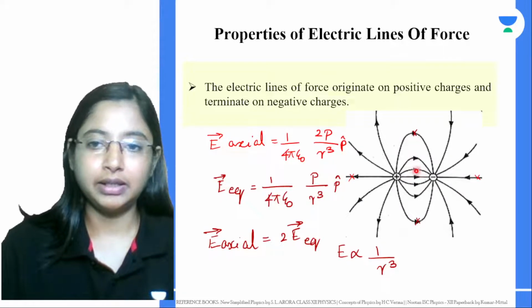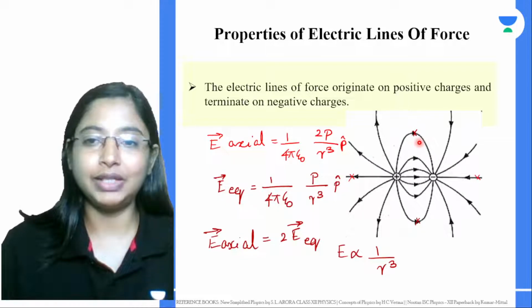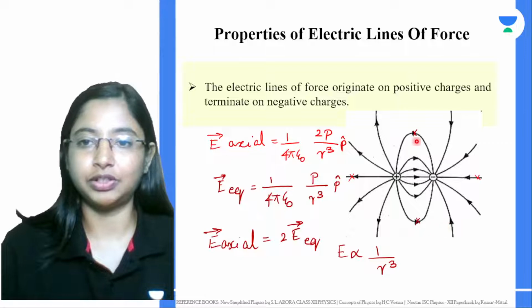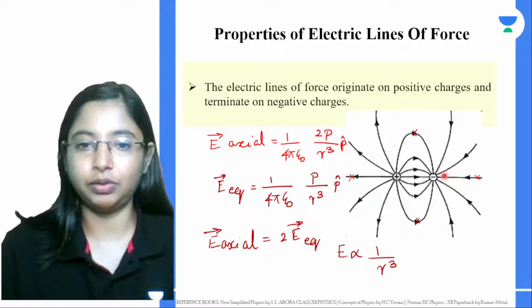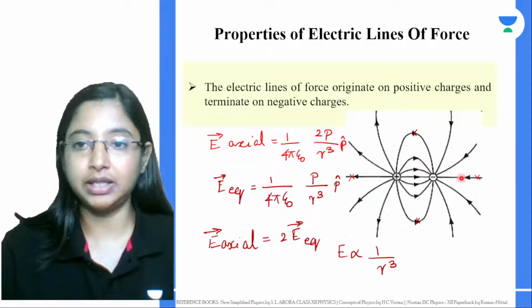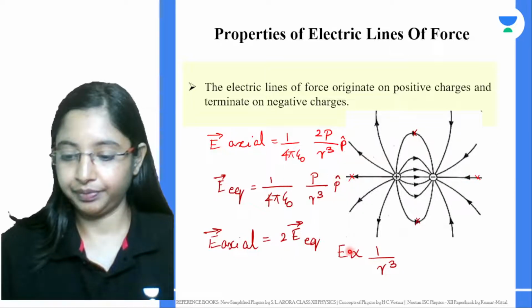The field on the equatorial is always less, just half of what you got here. Same distance from the center, a particular r, and the electric field on the axial is twice this value.